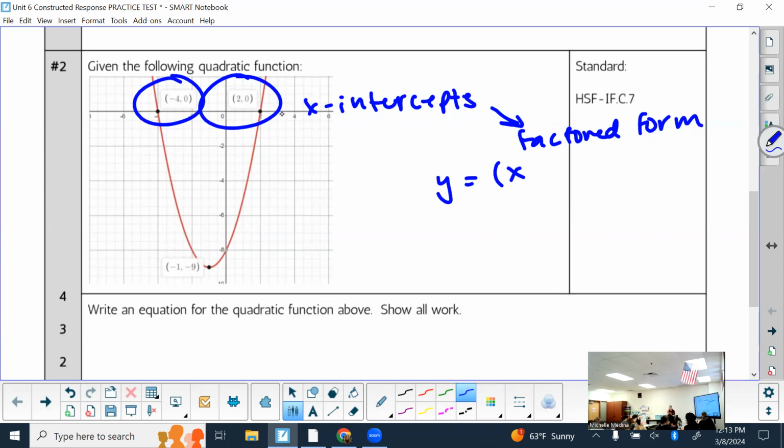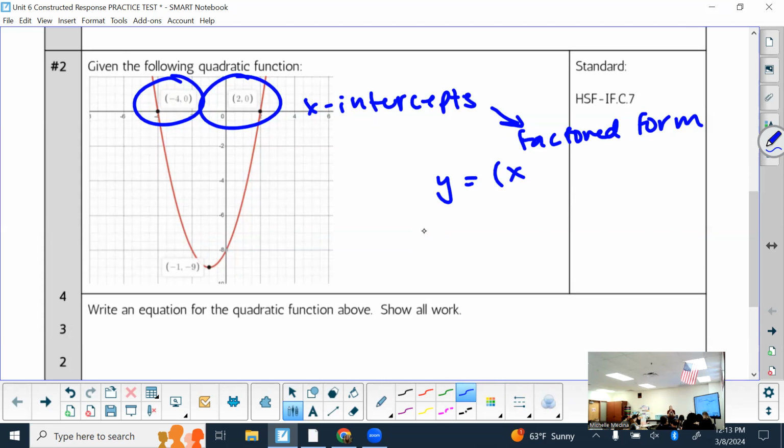So anyone else can chime in if you also had trouble with this one. What equation would tell me that these are my zeros? No. Okay, everyone, let's redo. Let's just restart from the beginning.